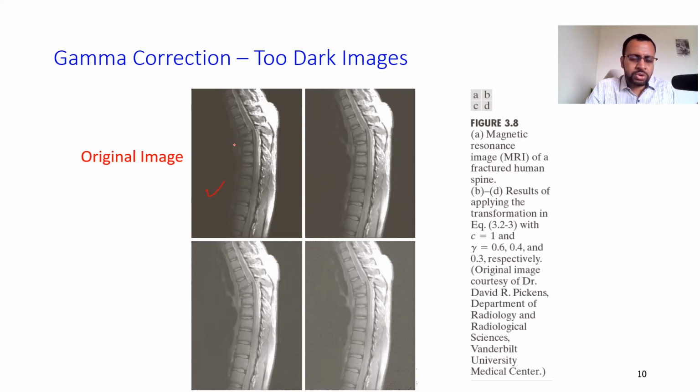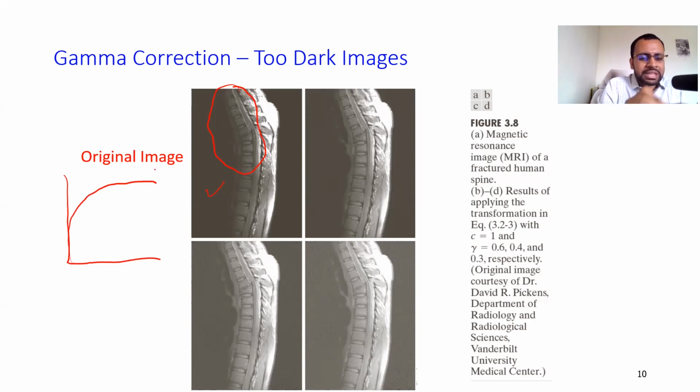Now, you could notice that this region is pretty dark and you could hardly see anything. So should you go for gamma less than 1 or gamma greater than 1? Less than 1. The reason is that when your gamma is less than 1, your graph would look something like this. A smaller range of your intensities is mapped to a larger range, so you could see them better.